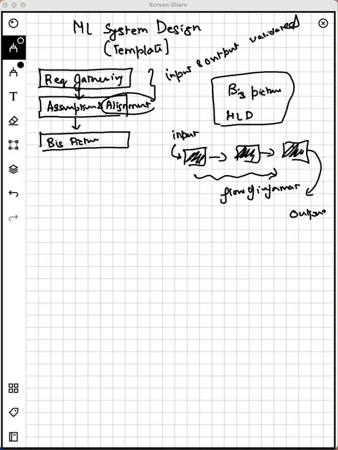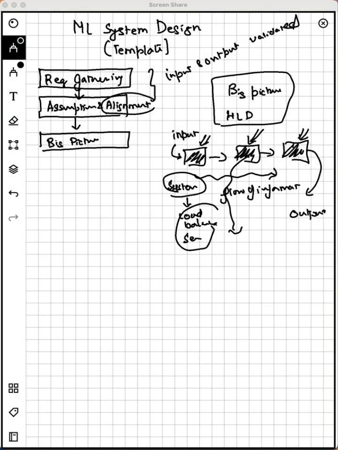Now, what this diagram will help you to do is it will help you to identify the high level modules, okay, some of which will be systems that you don't need to care about, like load balancers, some servers, and all that. But some of them will need to be ML components.